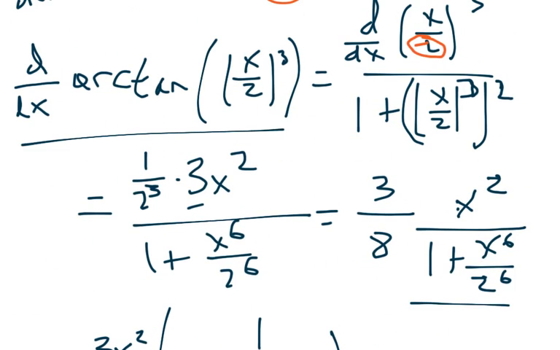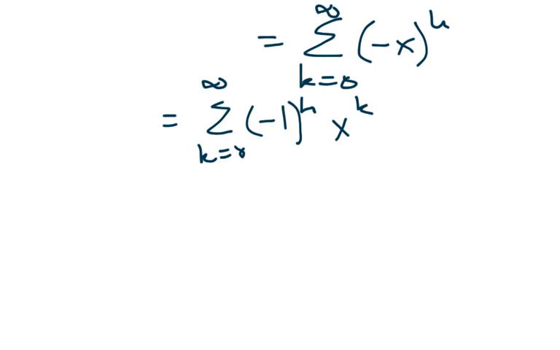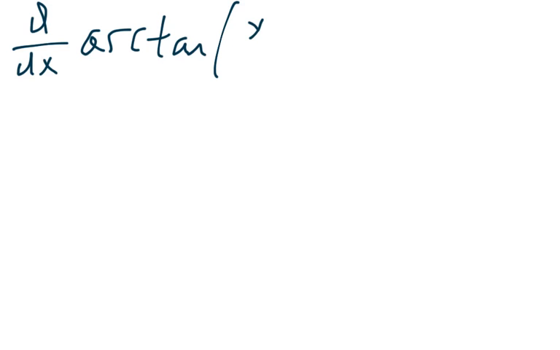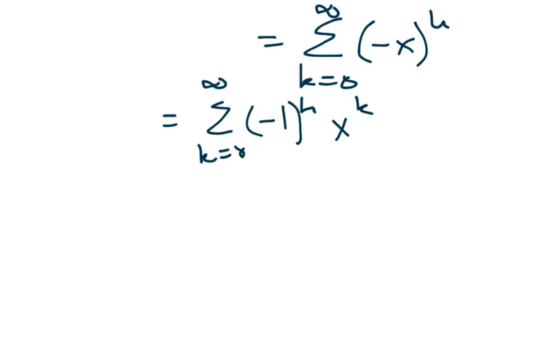So if this is my function up here, let's look on the next page: d/dx of arctan of (x over 2) cubed is equal to, well, what did I have outside?